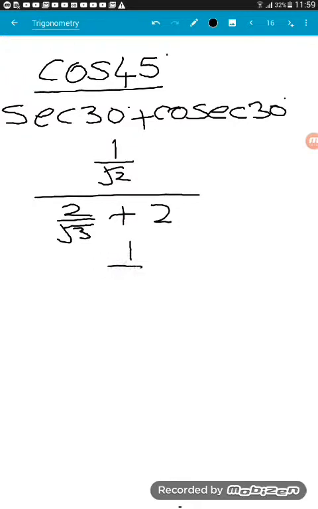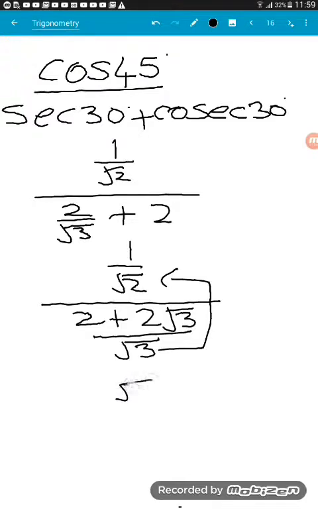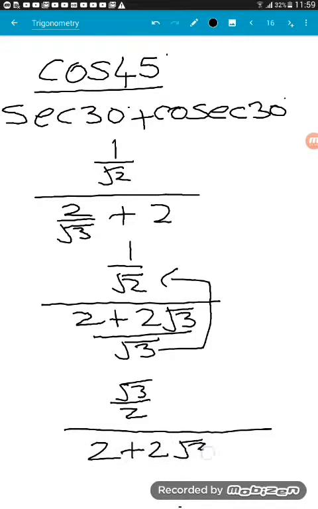So 1 by root 2 by 2, if you take LCM, 2 plus 2 root 3 by root 3.